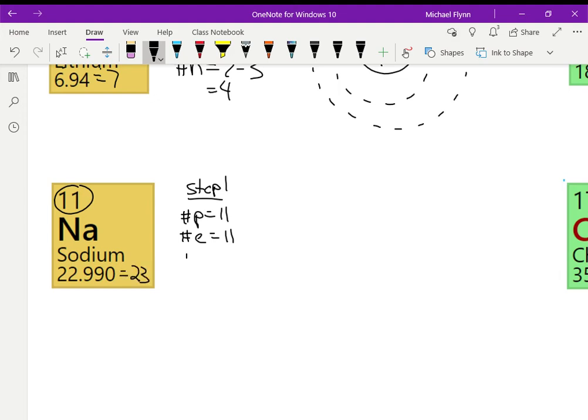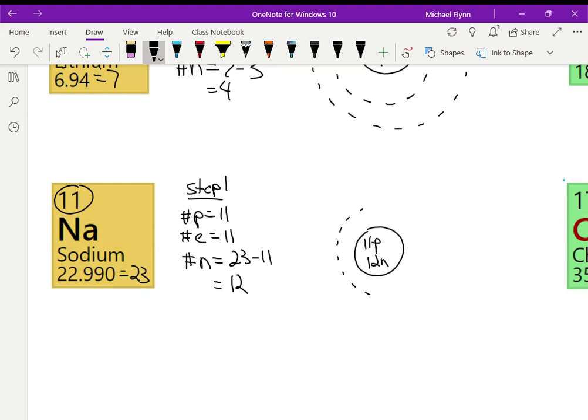So the number of neutrons would equal 23 minus 11, which is equal to 12 neutrons. Now, step 2. Draw the nucleus. Put the protons and neutrons in there. So it's 11 protons, 12 neutrons in this version of sodium.